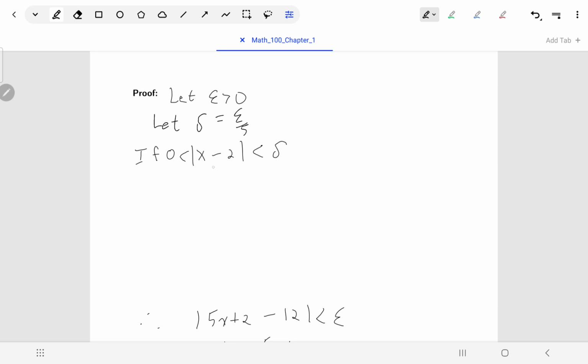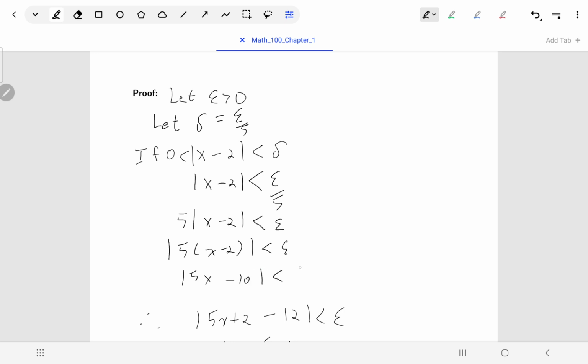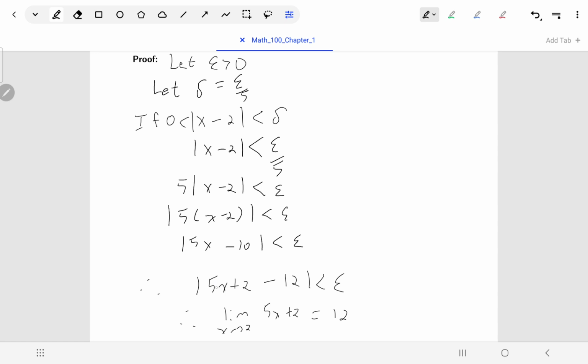So if 0 is less than the absolute value of x minus 2 is less than delta, then that means the absolute value of x minus 2 must be less than epsilon over 5, which means that 5 times the absolute value of x minus 2 must be less than epsilon, which means that the absolute value of 5 times x minus 2 should be less than epsilon, which means that 5x minus 10 is less than epsilon, which gets me to 5x plus 2 minus 12 less than epsilon.